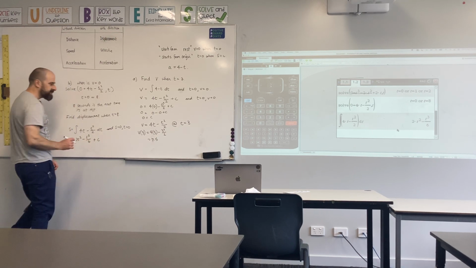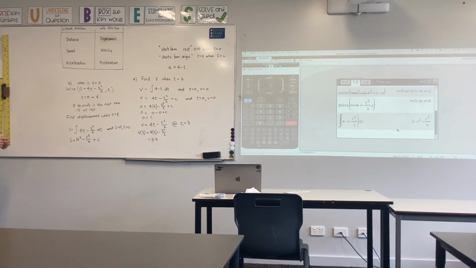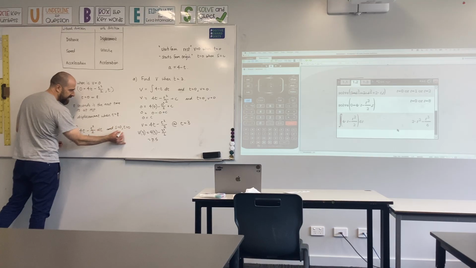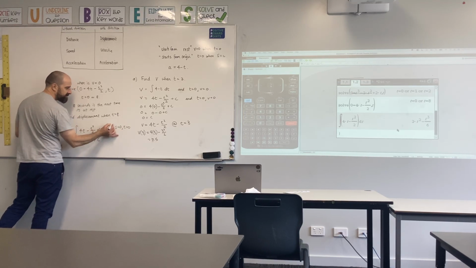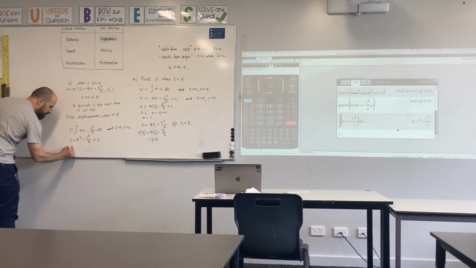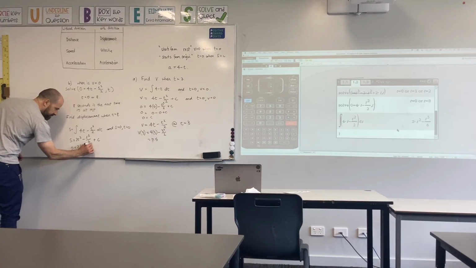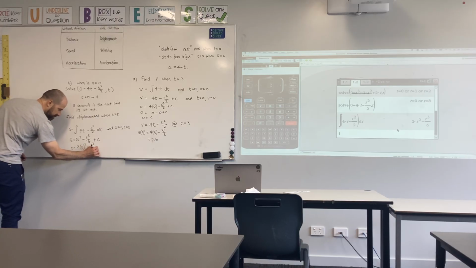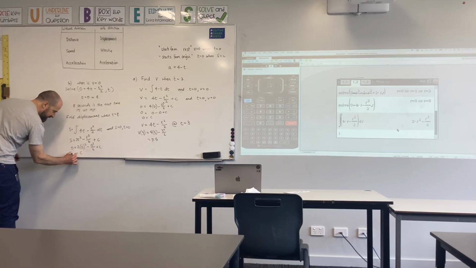I have to put the plus c on myself. Now I'm going to find out what c is. How am I going to find out what c is? I'm going to substitute in this point that I know. And we get c equals 0.